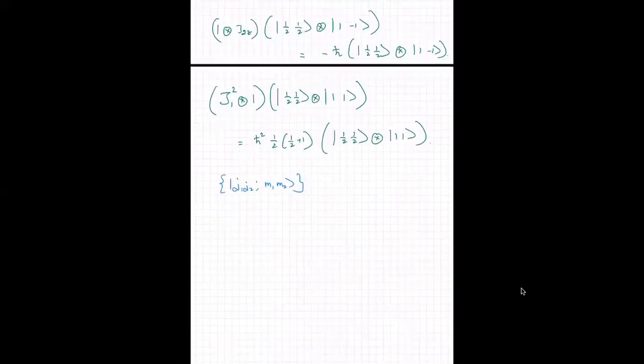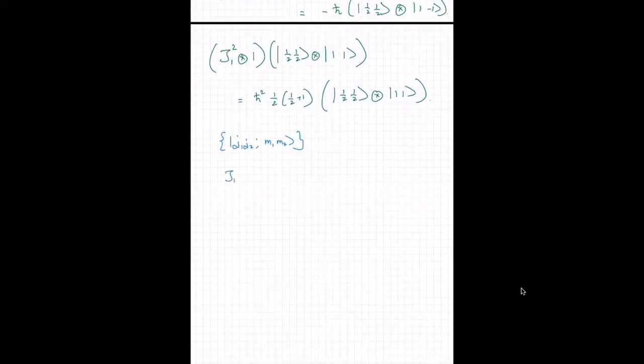So all I mean is J1 square acting on |J1, J2, M1, M2> gives J1(J1+1) h bar squared times the ket, and J1z acting on |J1, J2, M1, M2> is M1 h bar times the ket.